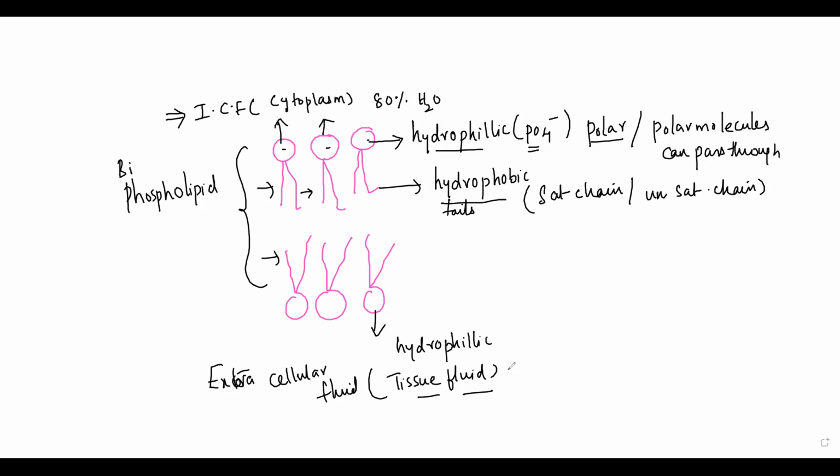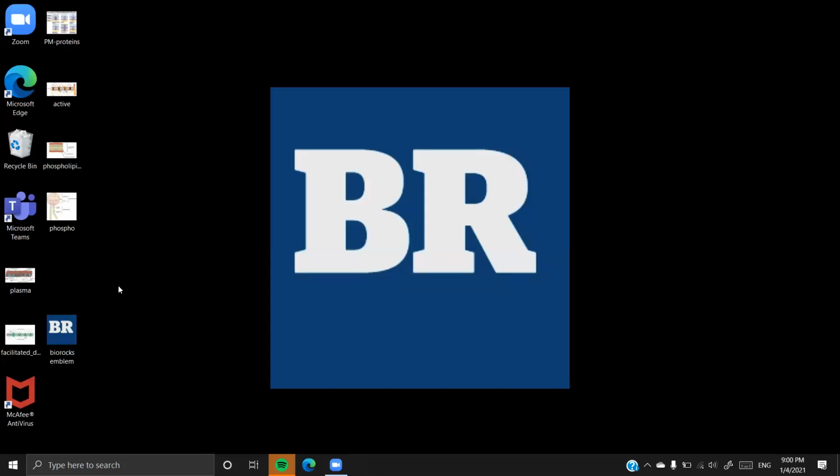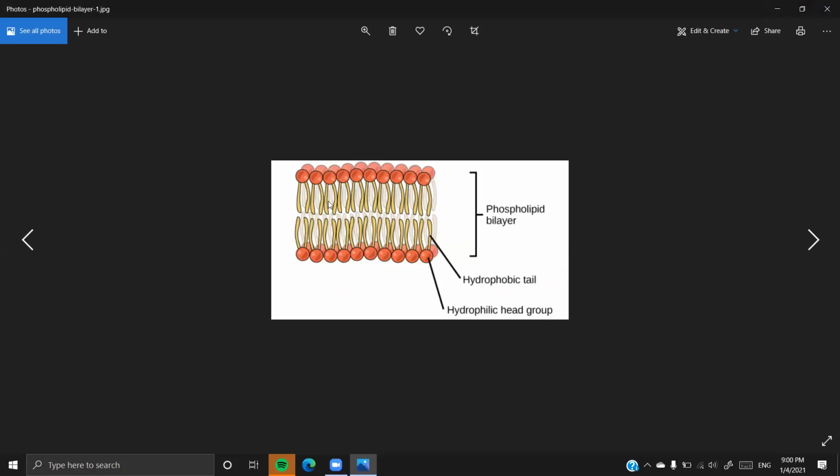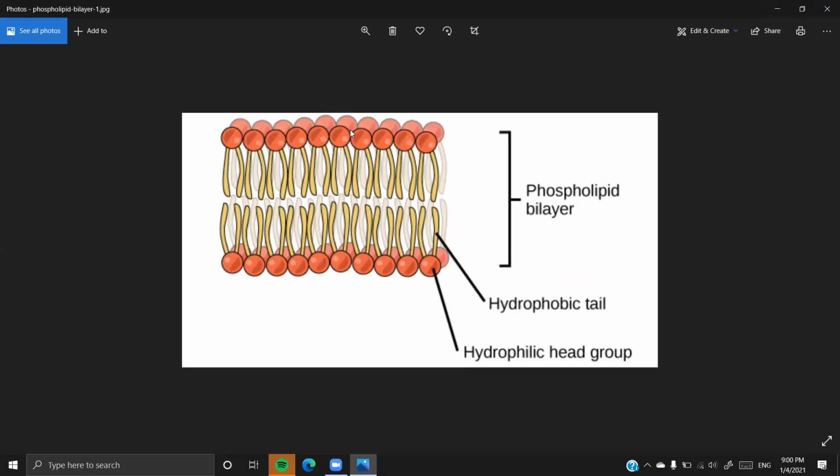Children, let me show you this hydrophilic head and the hydrophobic tails so that I can clear your concept and then move forward into further topics on phospholipids. Here there is a phospholipid bilayer where you can see these are the hydrophilic heads, and these are the tails.